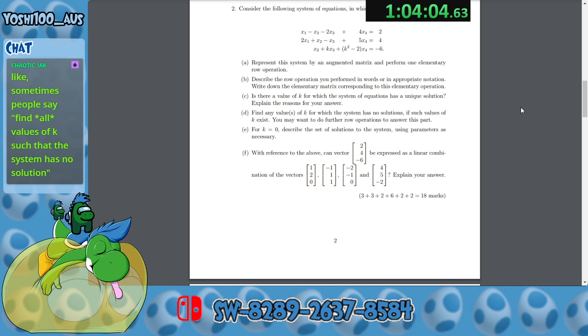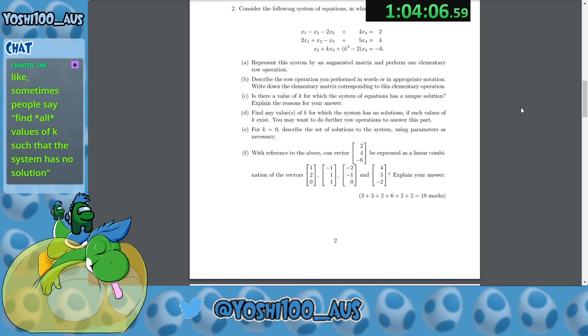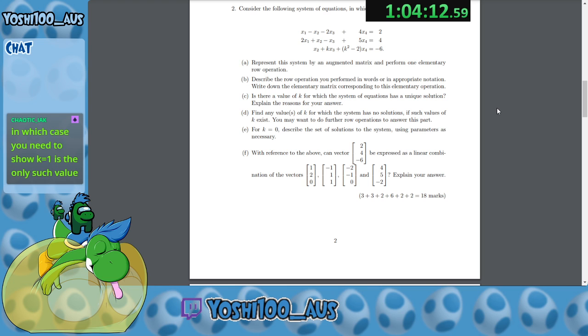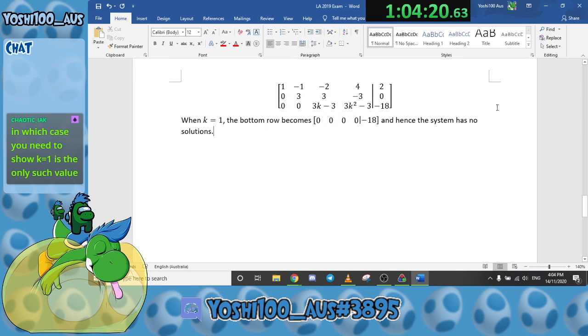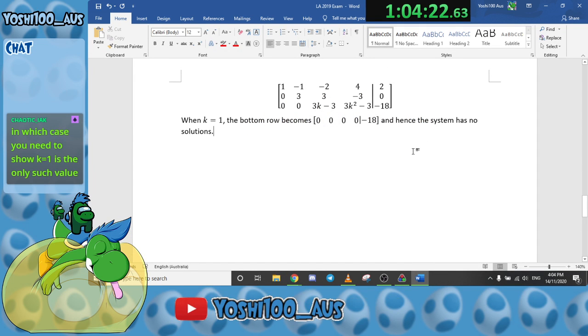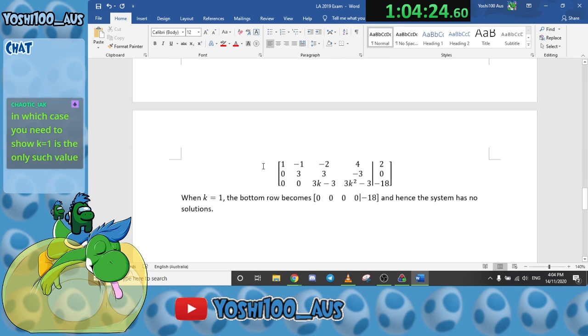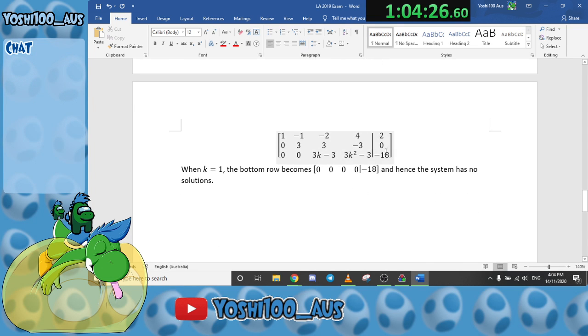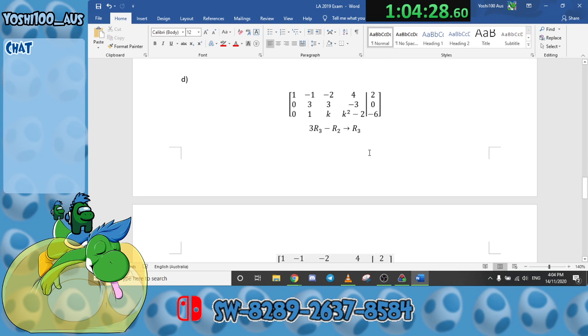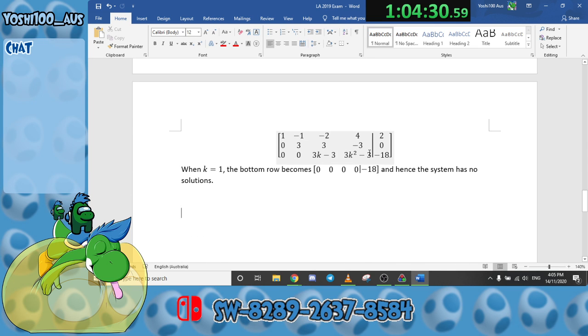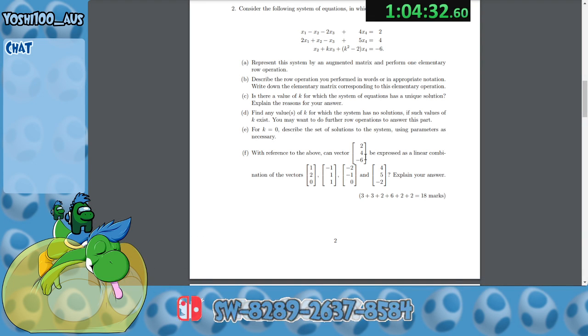I'd assume it's just an oversight, but considering it's 6 marks as well, if there was any extra step, it would be implied, I suppose. Oh, you need to show k equals 1 is that essential? I think it's fine. I think for our level, just deducing that this is the result is fine. I think you would think so, right?